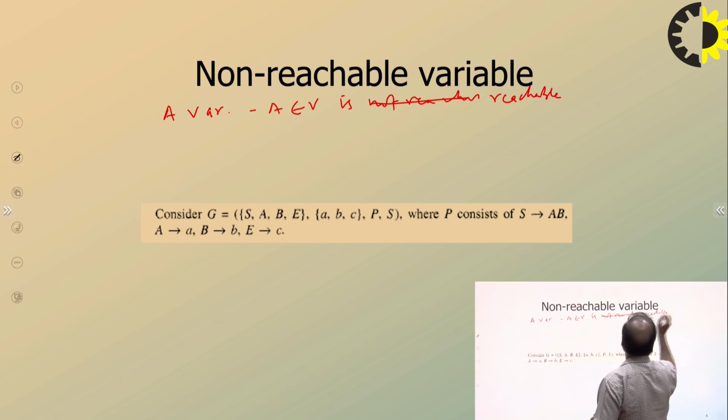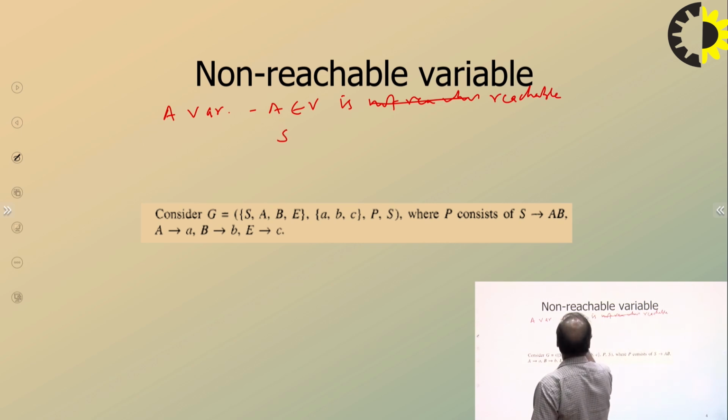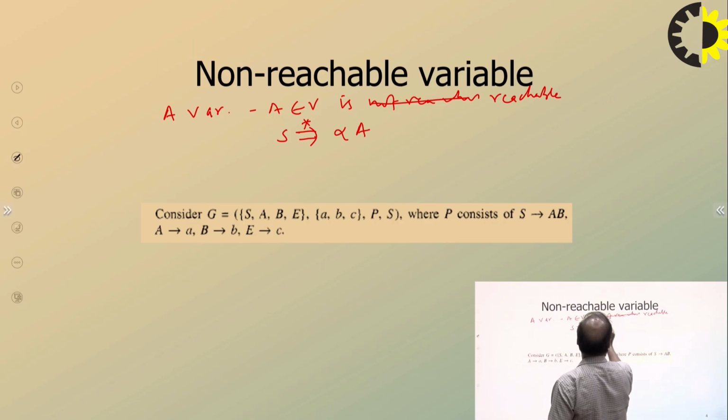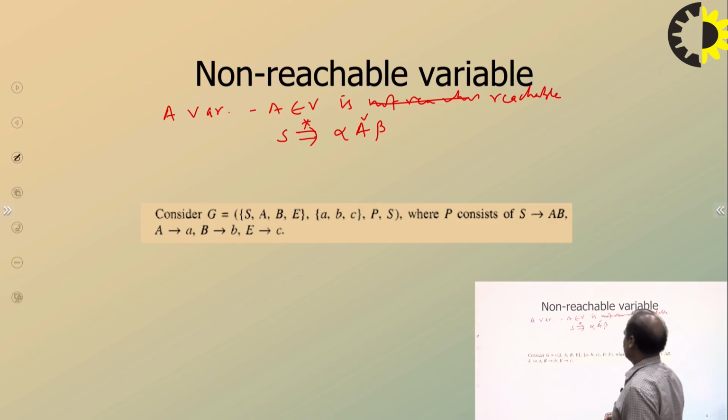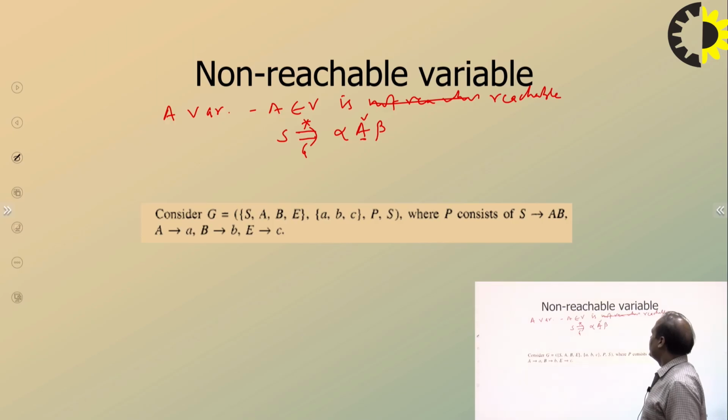Any variable is reachable if we can start from S via alpha A beta, right? That means you can reach A via S. In this situation, A is going to be a reachable variable, and a variable which cannot be reached by the starting symbol has no role in the language derivation. So such a variable can be removed easily.